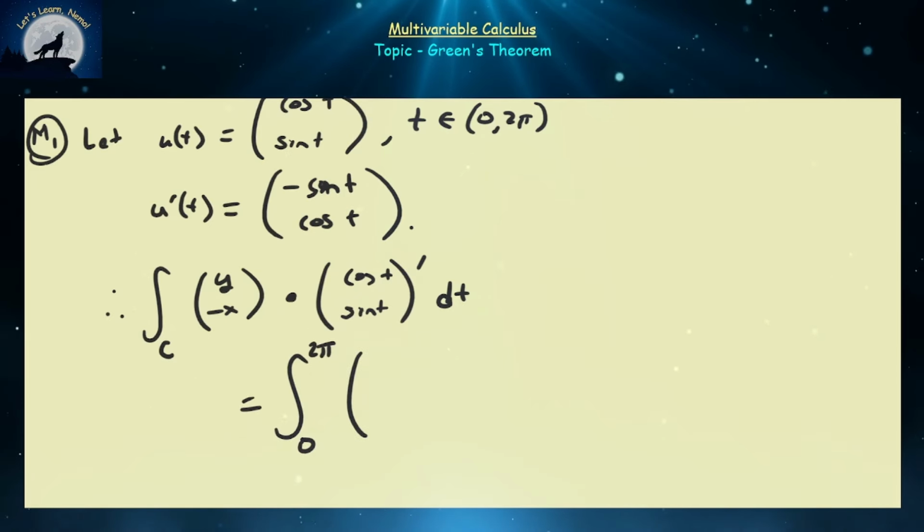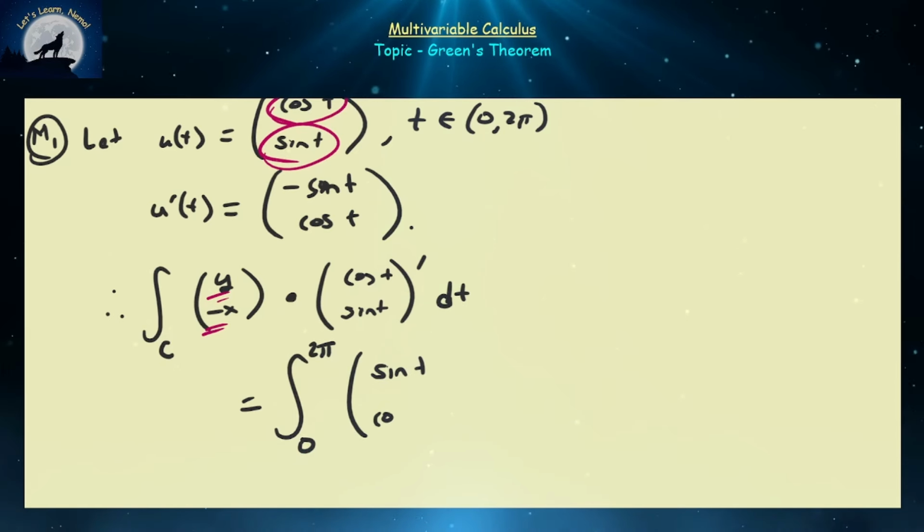So y is going to be equal to sine of t, and then x is going to be equal to cosine of t, which is going to turn into minus x. So this is going to turn into (sine of t, minus cosine of t).